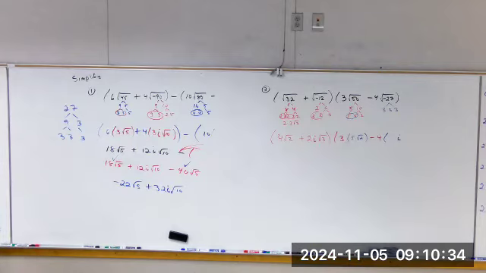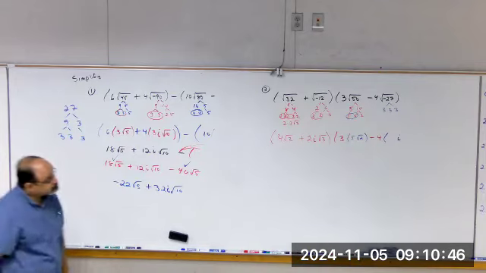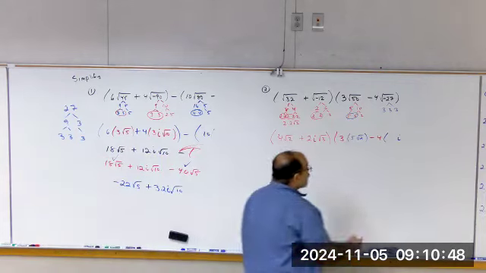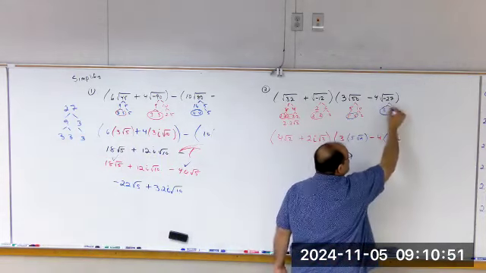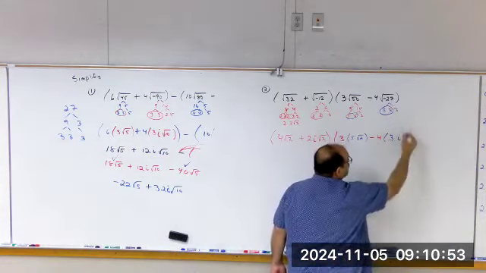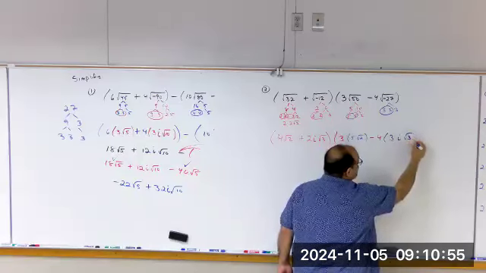There are numbers that you're going to do all the time. 8 is 2 to the third, 27 is 3 to the third, 64 is 4 to the third. Okay. So here, 3 escapes, and you have a square root 3 left in jail.